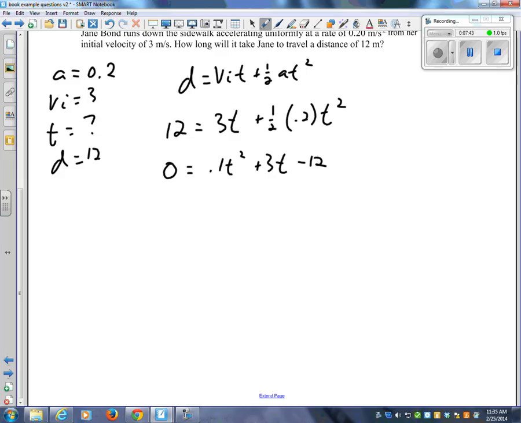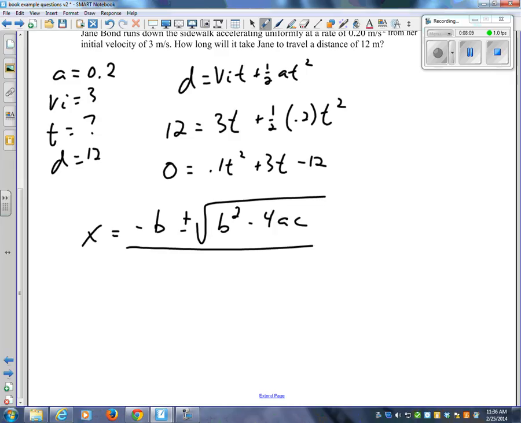And what does that mean, Tony? It's a quadratic, exactly. Which means to solve it, we're going to have to use the quadratic formula, which is x is equal to minus b plus or minus the square root of b squared minus 4ac all over 2a.